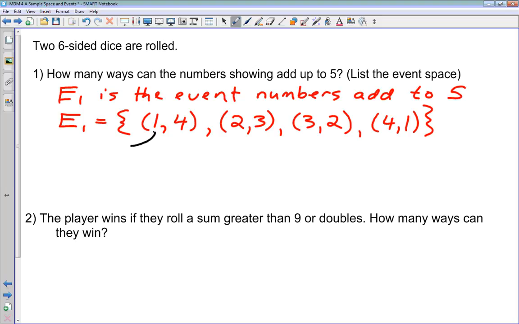So I'll just put in the little note here that this is the first die, and that number represents the second die. So there's our event space. How many elements do we have in our event space? We have 4.